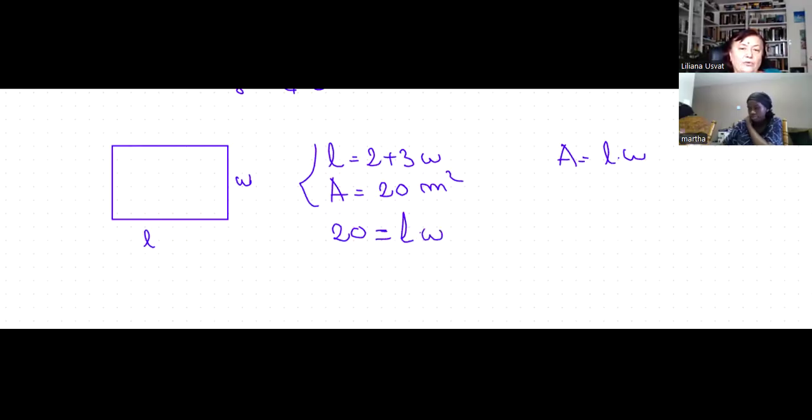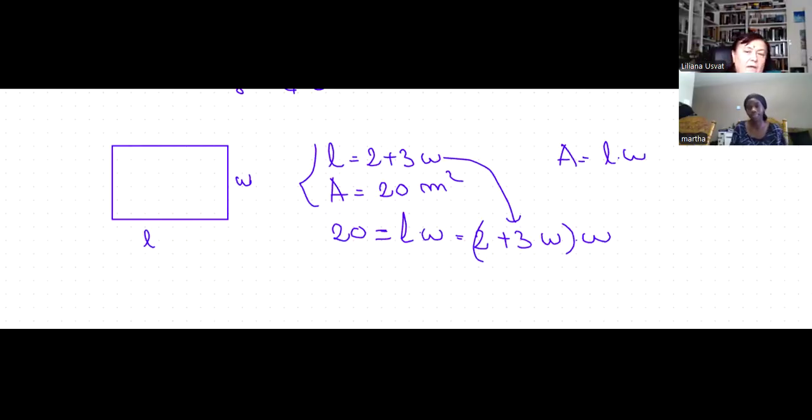But length is 2 plus 3 width. 2 plus 3 width times width. So this is the length times width. Is it clear so far? Yes.